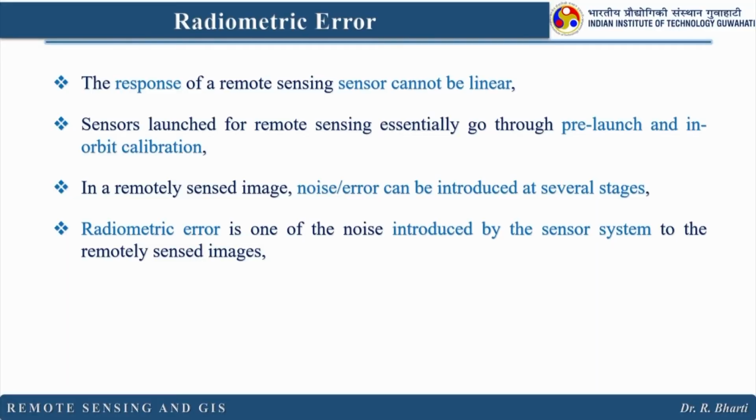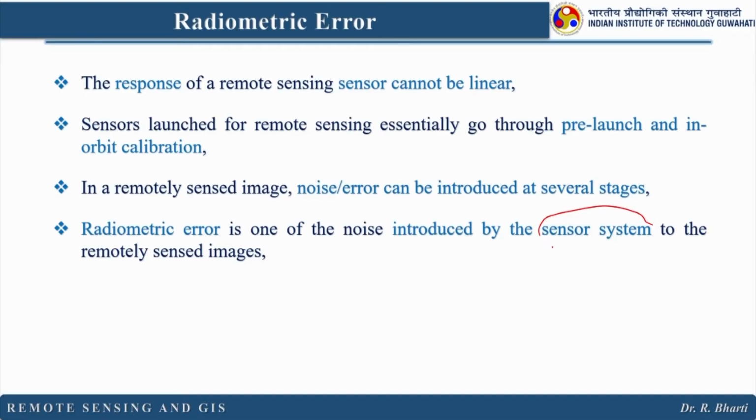Radiometric error is one of the noise introduced by the sensor system to the remotely sensed images. Here we are talking about the error caused by or introduced by the sensor system itself. If I have to refer to a normal camera, whether your camera is working properly or not, or whether it is properly calibrated or not, those things are included in radiometric error.